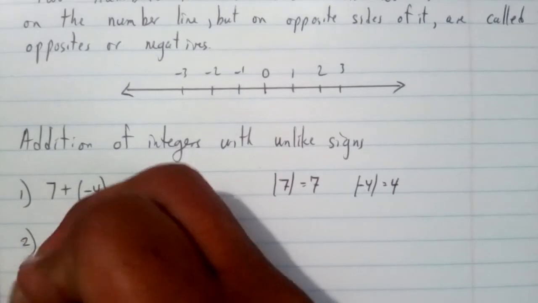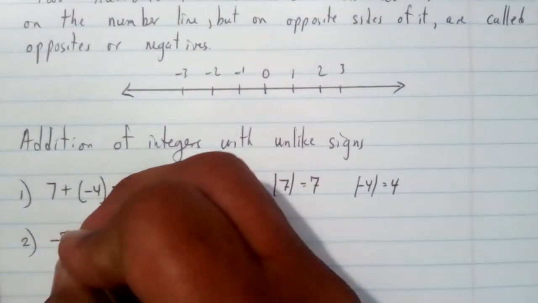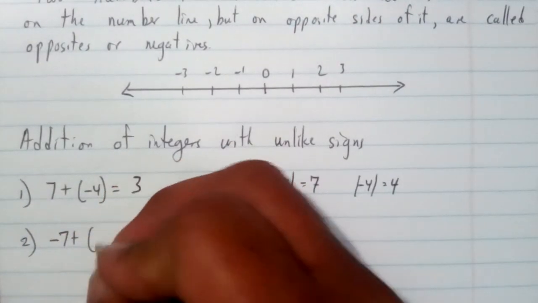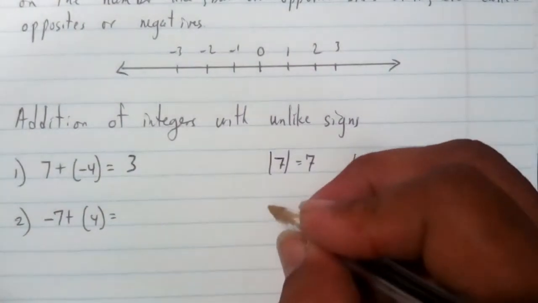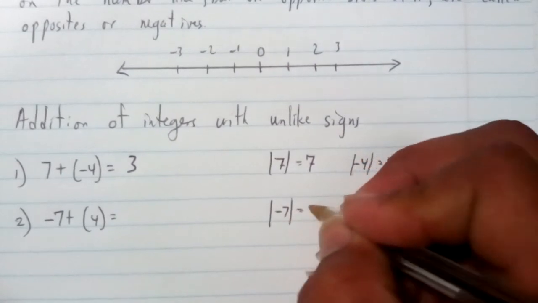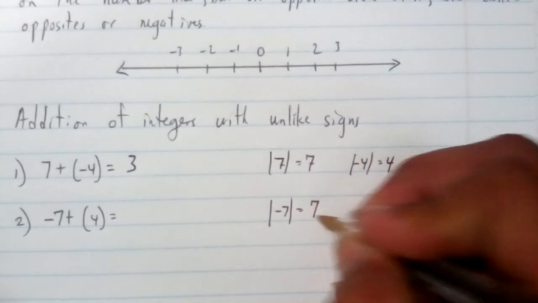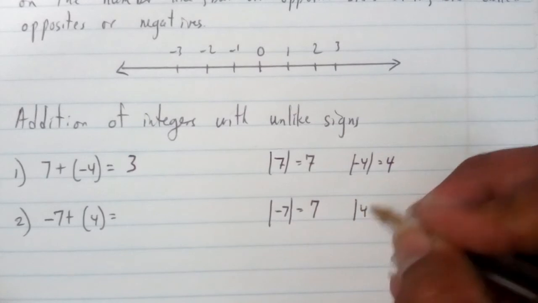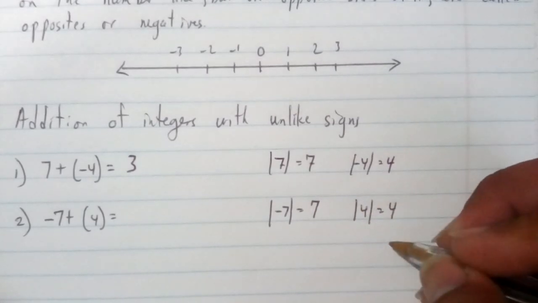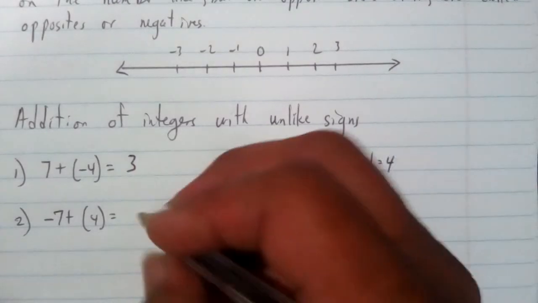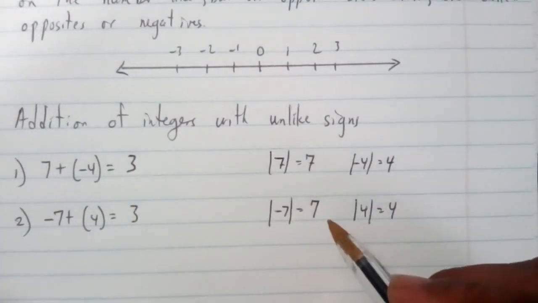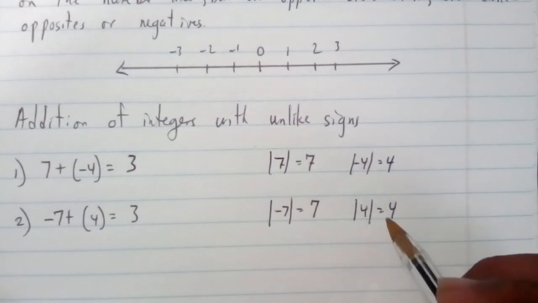Let's go with another example. Negative 7 plus 4. Please take note that I'm using the same kind of numbers. So we look at negative 7. The absolute value of negative 7 is positive 7, and the absolute value of positive 4 is 4. We now subtract 4 from 7, which gives us 3. But who's larger, 7 or the 4?